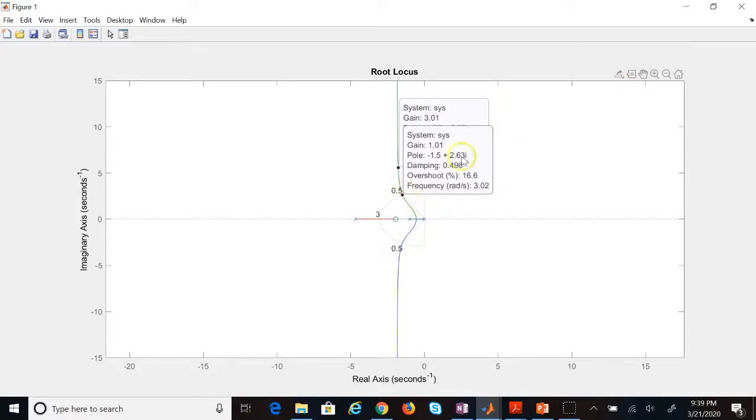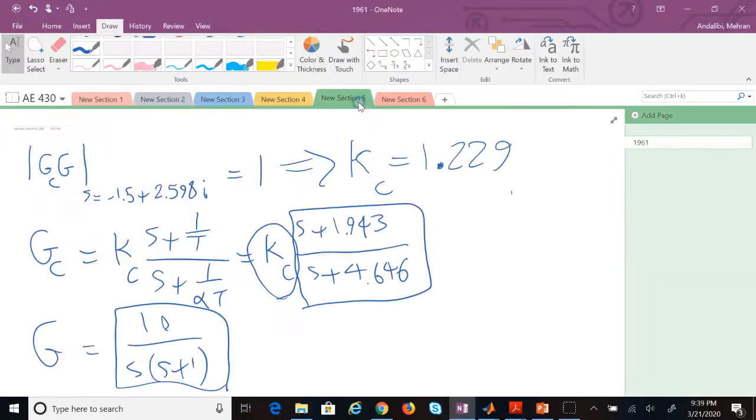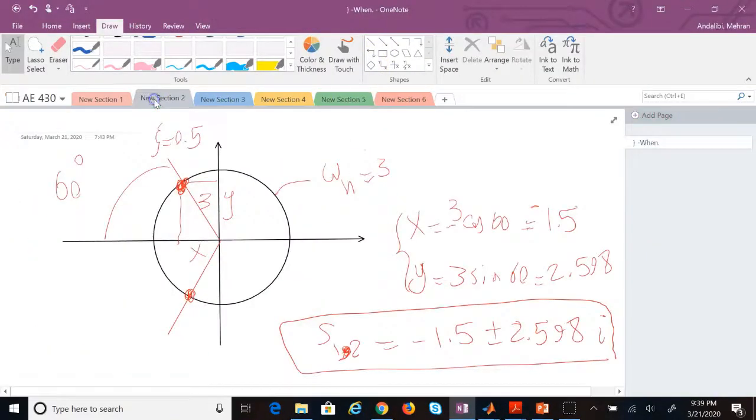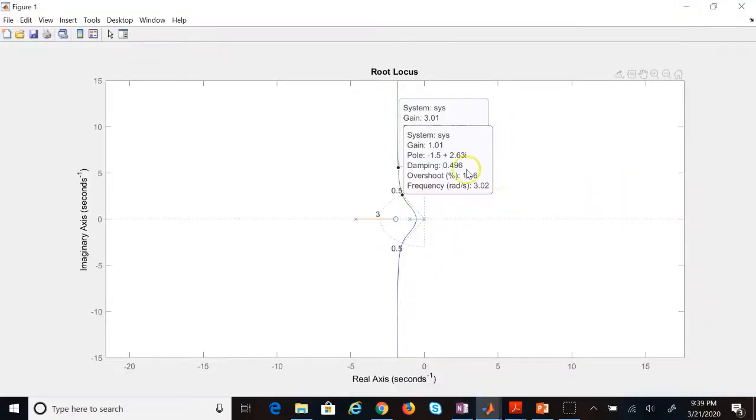And damping is what? 0.5, and frequency is what? 3, and the location of the pole is negative 1.5 and what? 2.63, which is, I guess, what we found, right? Or close to what we found, because it was 2.6 and negative 1.5, which is the same thing as here.